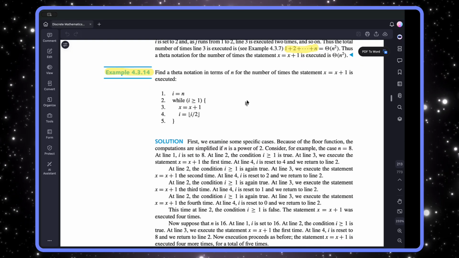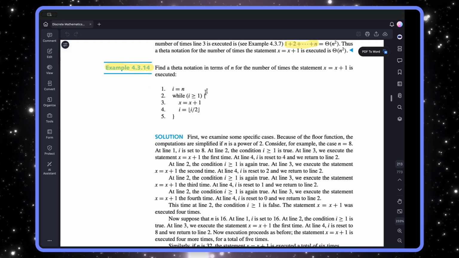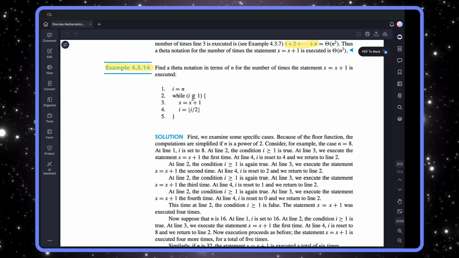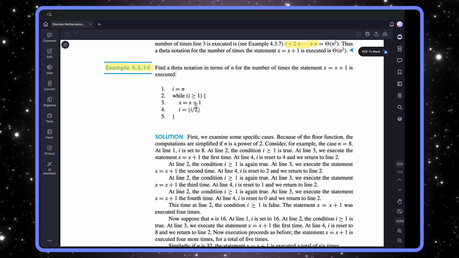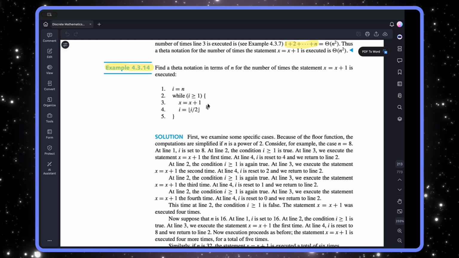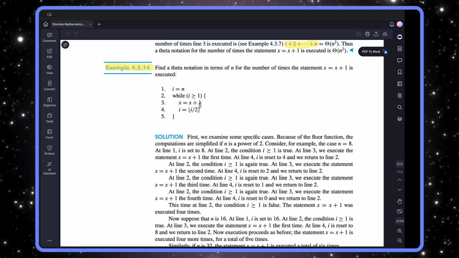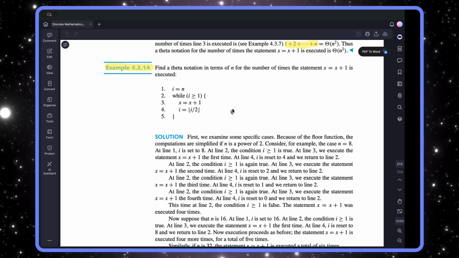Here we go. i is n, and then while i is greater than or equal to 1, we execute x equals x plus 1, and then i is, you basically divide i by 2, and then you take the floor function of it.